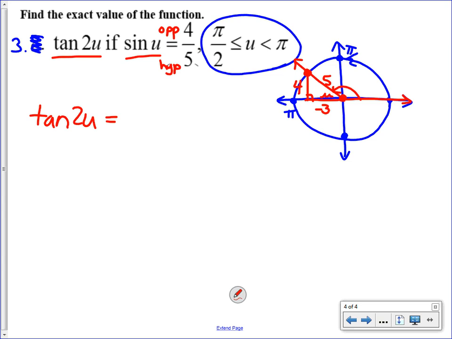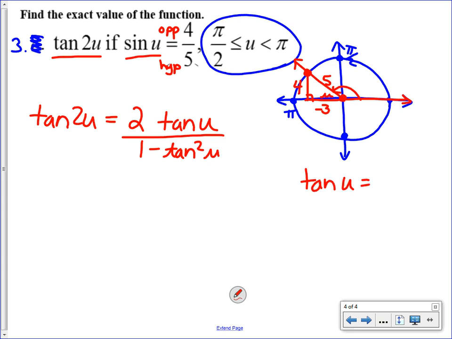So remember, the formula tells us that is equal to 2 times the tangent of u over 1 minus tangent squared of u. The whole reason we had to draw this right triangle is so we could find the tangent of u. Tangent is opposite over adjacent. So that's going to be 4 over -3, which is -4/3.